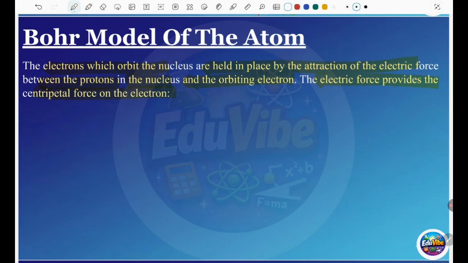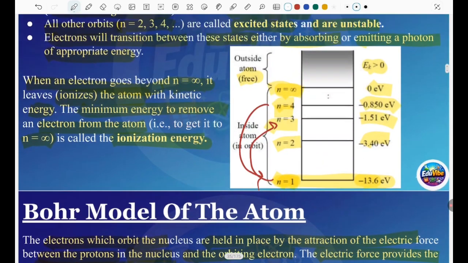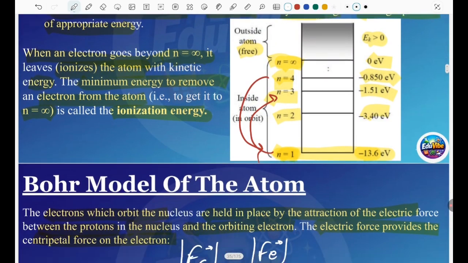So the centripetal force is equal to the electric force: mv squared over r is equal to kq squared over r squared, because we have the same charges, so we take kq squared. This formula is just for your knowledge. You don't have to worry about it. We just do some of these things and we have some related formulas.